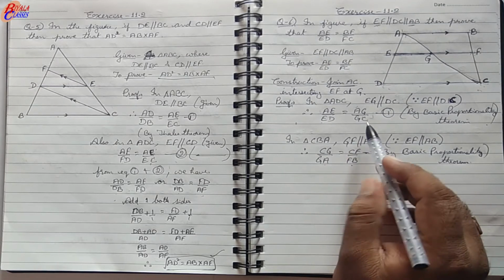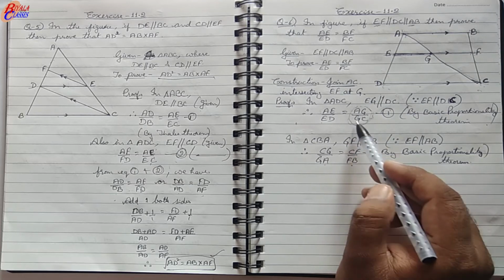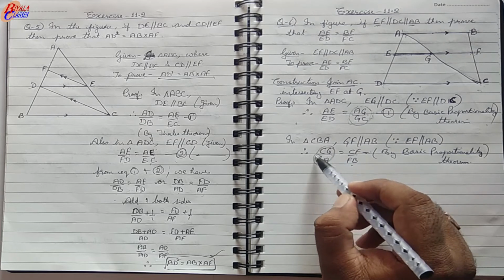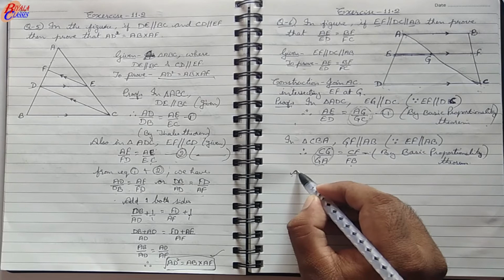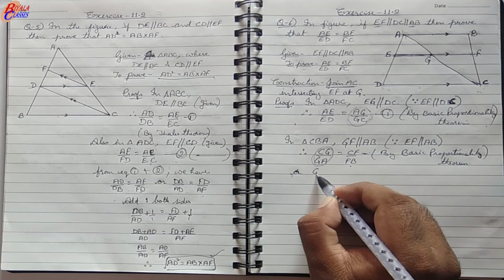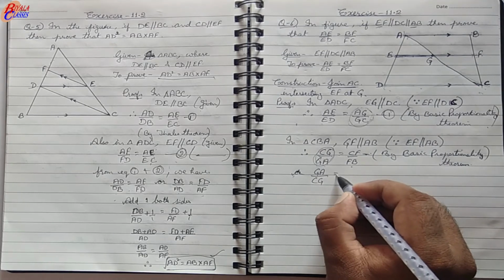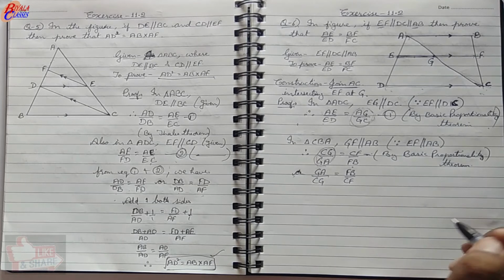If you want to compare these two, here you have AG upon GC, whereas here you have CG upon GA. It is just the reciprocal. So the same result can be written as GA upon CG is equal to FB upon CF.